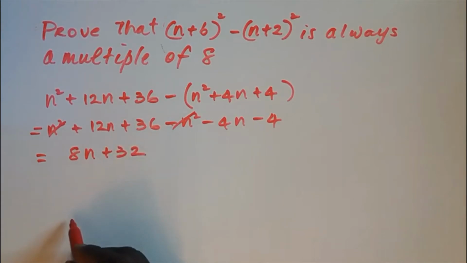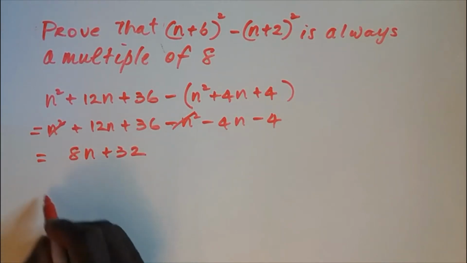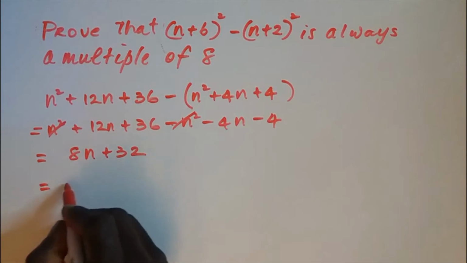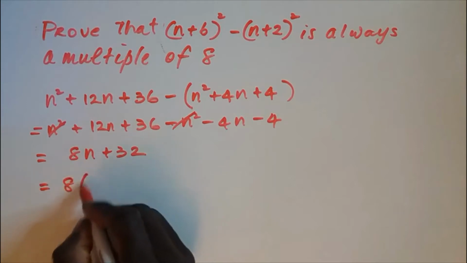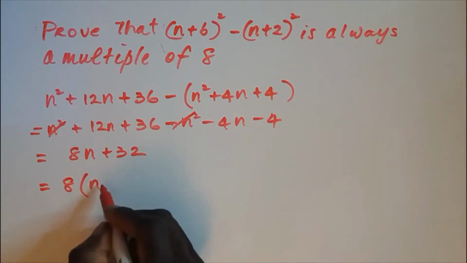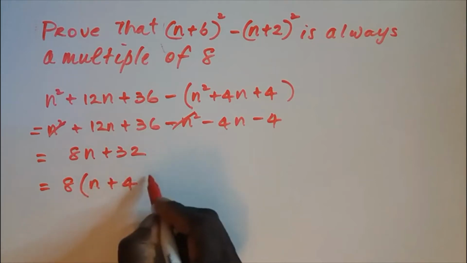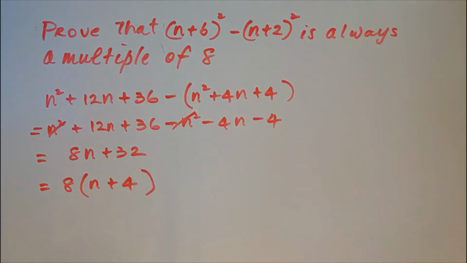And to show that this is always a multiple of 8, we factorize by 8. And this shows that n add 6 all squared minus n add 2 all squared is always a multiple of 8.